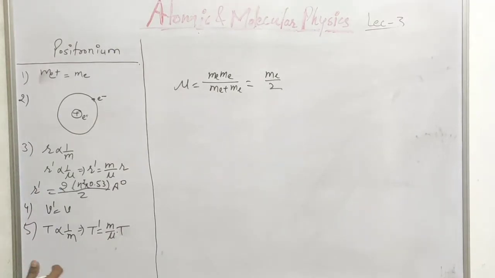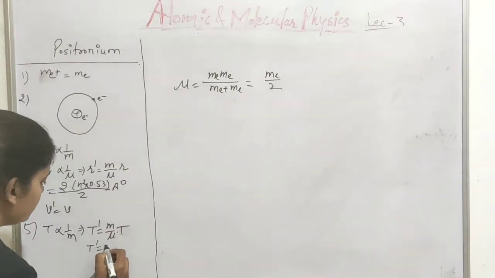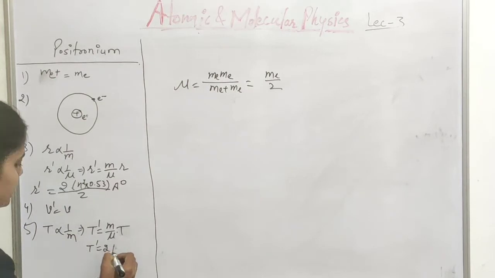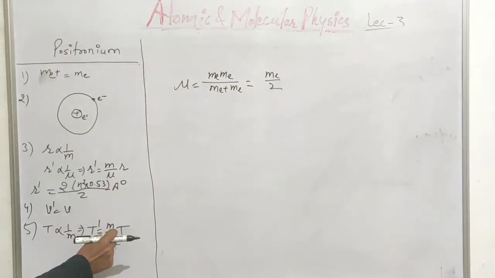So time period is also going to be twice of the initial time period, because the value of mu is me over 2.